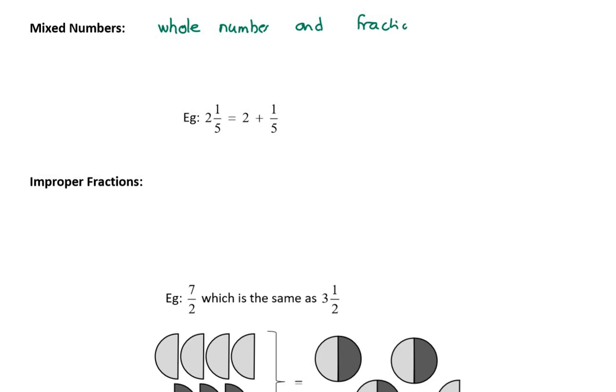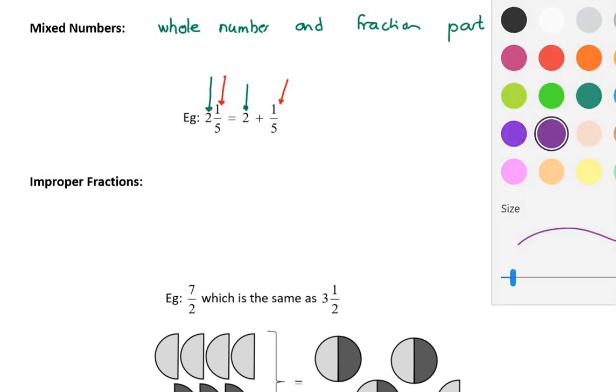We all know what I mean because we've done mixed numbers for a while. But basically this means I have 2 wholes, so that's why it says 2, and then after the 2 wholes I also have 1/5 of the next, for example, pizza. So this literally means 2 whole pizzas and then 1/5 of the next pizza. So you have a whole number part and you have a fraction part.